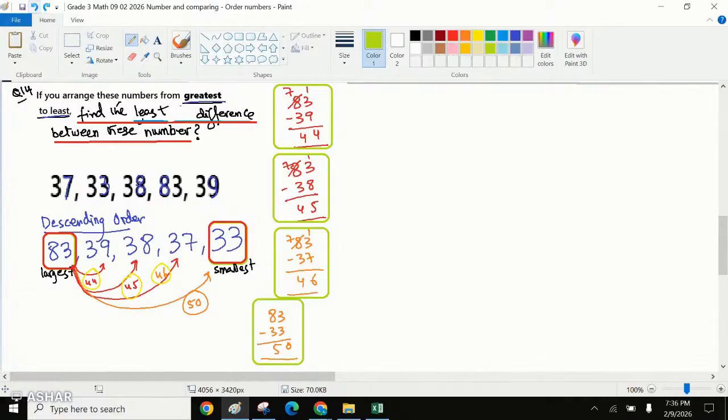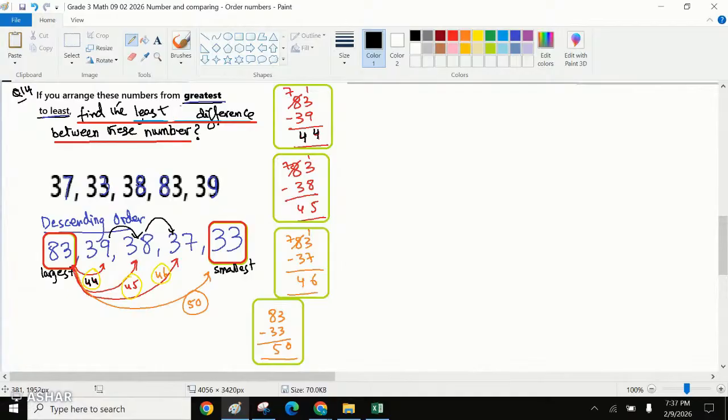Which is the smallest difference? 83 and 39 was 44, right? Oh, this would be very tough for you. Let's not do this because the smallest difference is over here. This is one difference and this is also one difference. So we have two values which have the smallest difference.